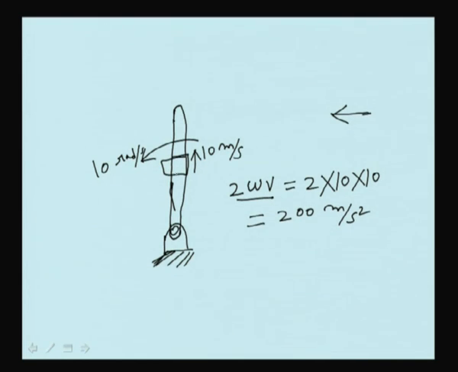However, there will be another component, the centripetal acceleration of this particle, which depends on the relative position, given by 10 square times r, where r is the distance.